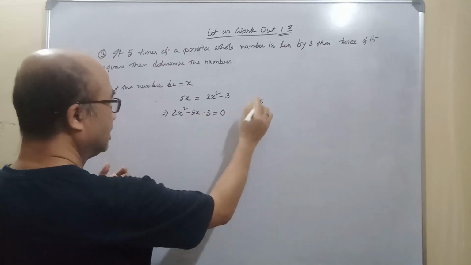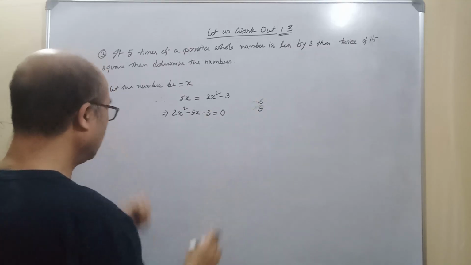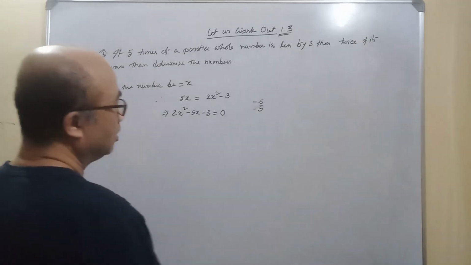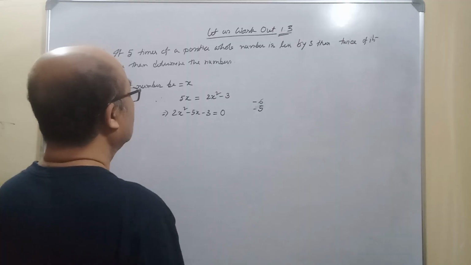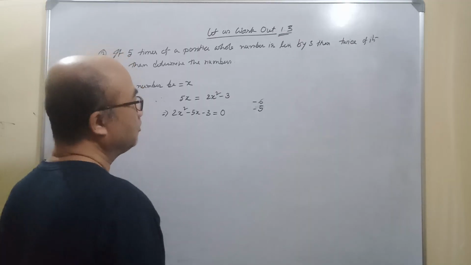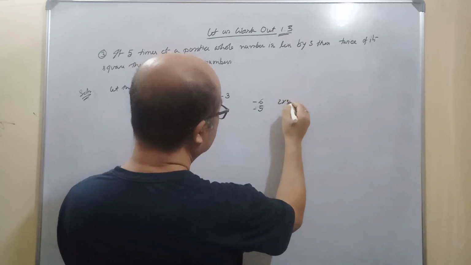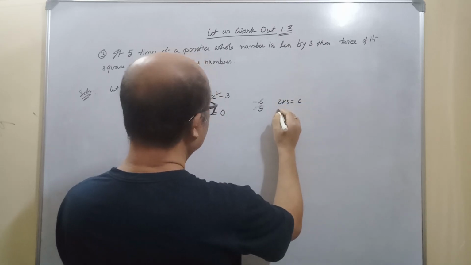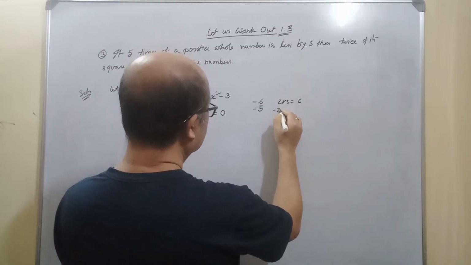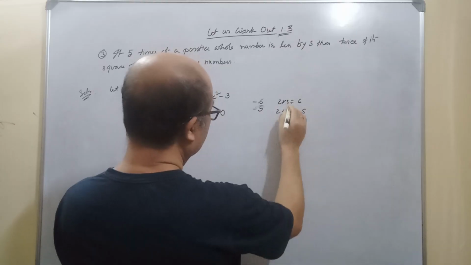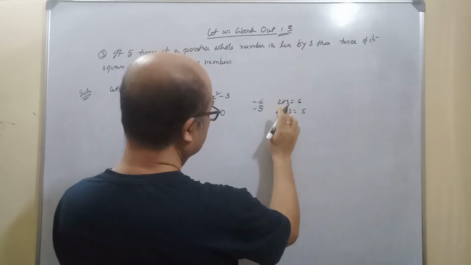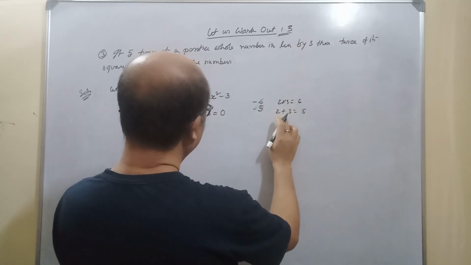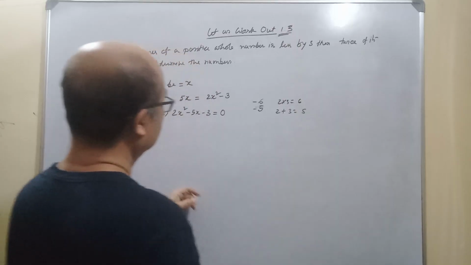So we need two numbers whose product is minus 6 and whose sum is minus 5. So we get 2 and 3, because 2 into 3 is 6, and minus 2 plus 3 is 1, but there is minus 6, so we need... just a moment.